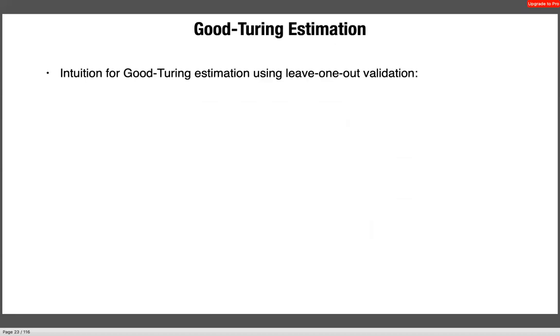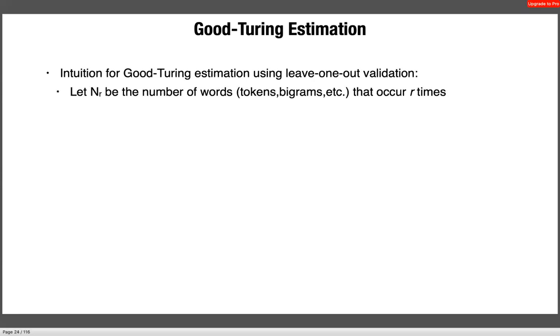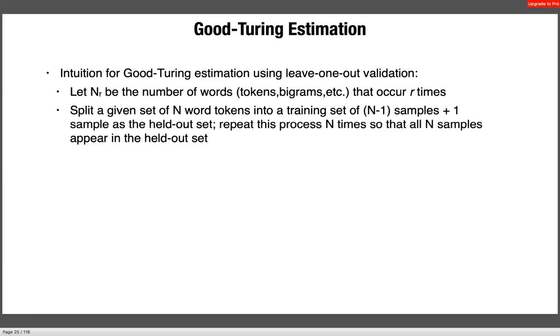Now let's step through the Good Turing estimation process one step at a time. The intuition for Good Turing estimation comes from leave-one-out validation, which you might have encountered when you learned about cross validation. As before, N_R is the number of words or tokens or bigrams that occur R times. Say you're given a set of N word tokens.